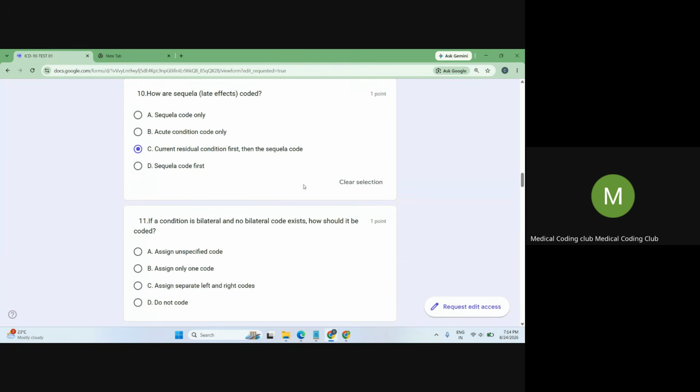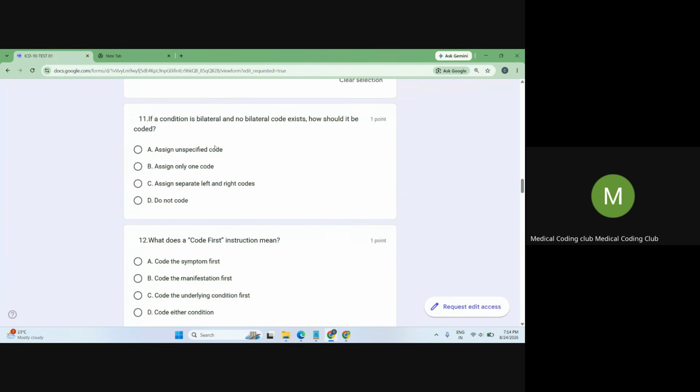If a condition is bilateral and no bilateral code exists, how should it be coded? Assign separate left and right codes. Correct. We already discussed this enough. Say the patient has bilateral shoulder pain.